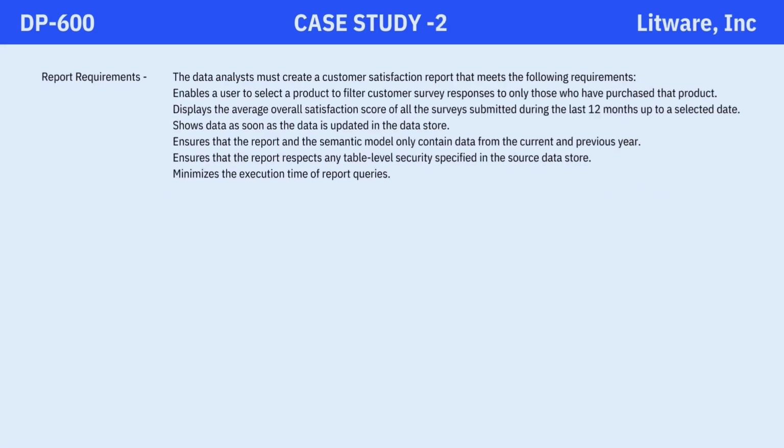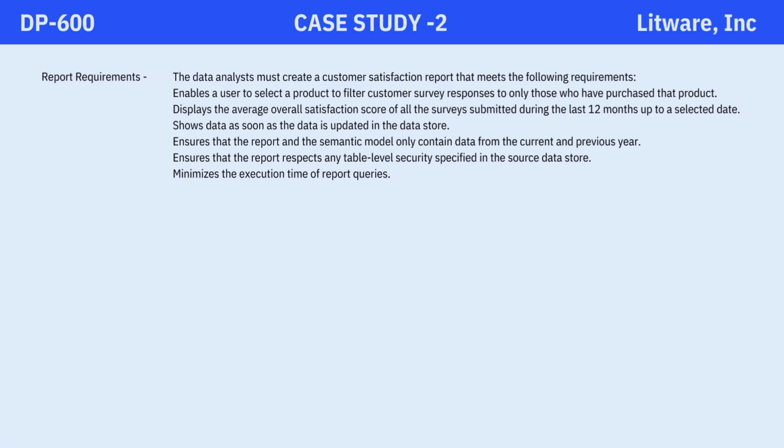Report requirements. The data analysts must create a customer satisfaction report that meets the following requirements. Enables a user to select a product to filter customer survey responses to only those who have purchased that product. Displays the average overall satisfaction score of all the surveys submitted during the last 12 months up to a selected date.